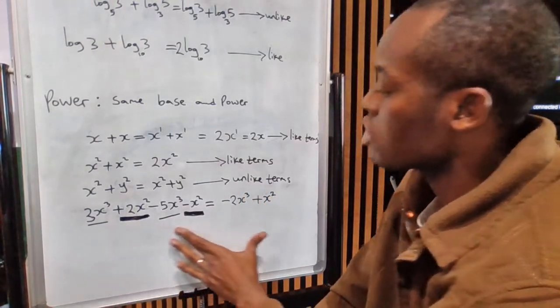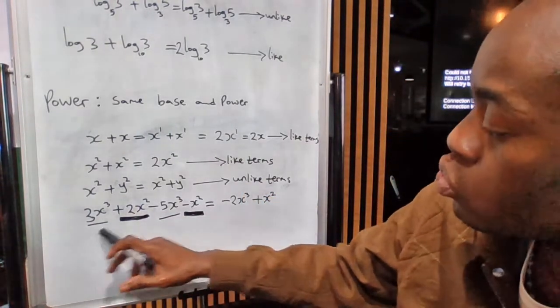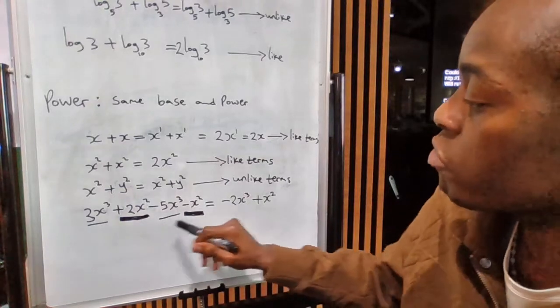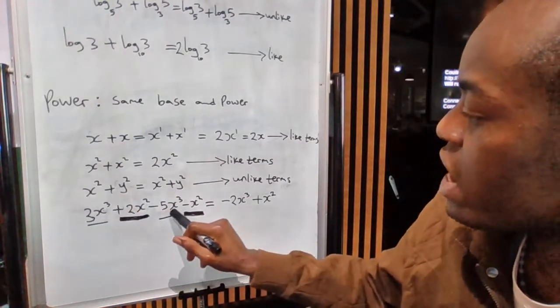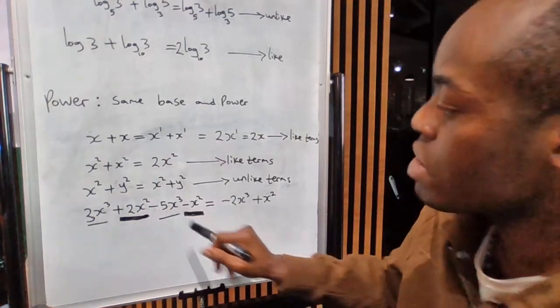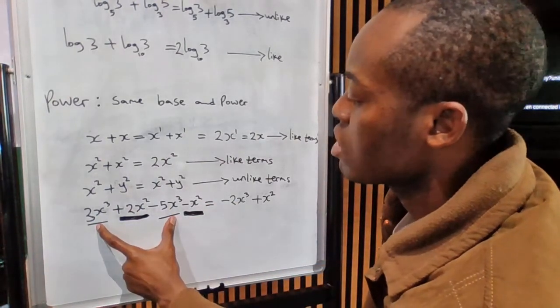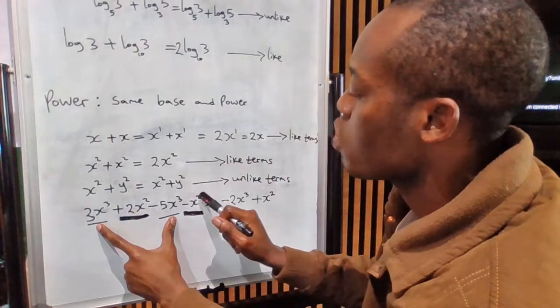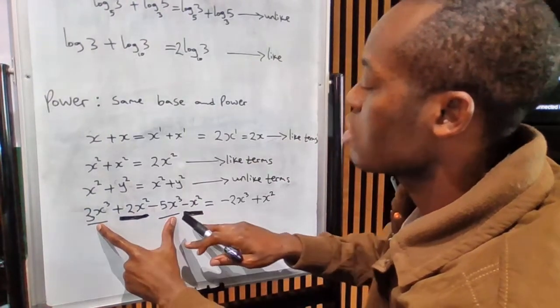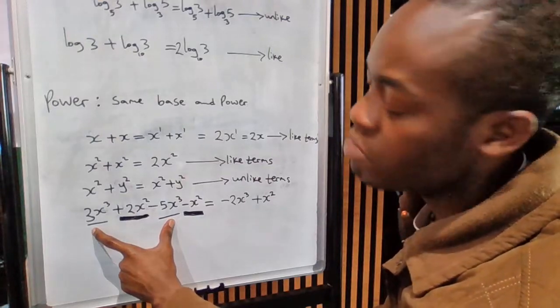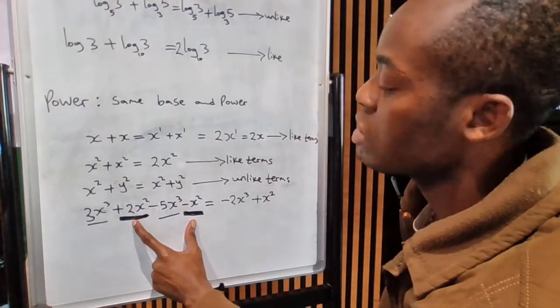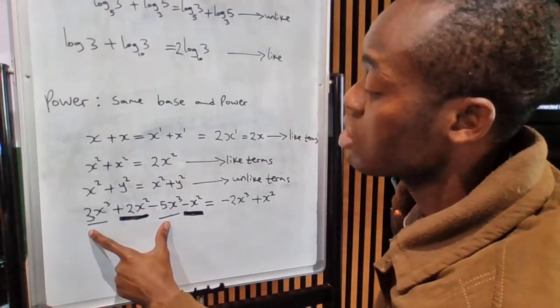So let's look at the last one. This last one helps us to highlight some of those that look alike. That is s cubed, s cubed. That means they are what? Like terms. s squared and s squared, they are what? Like terms. So you treat this together by collecting the like terms. So this one is 3 minus 5.